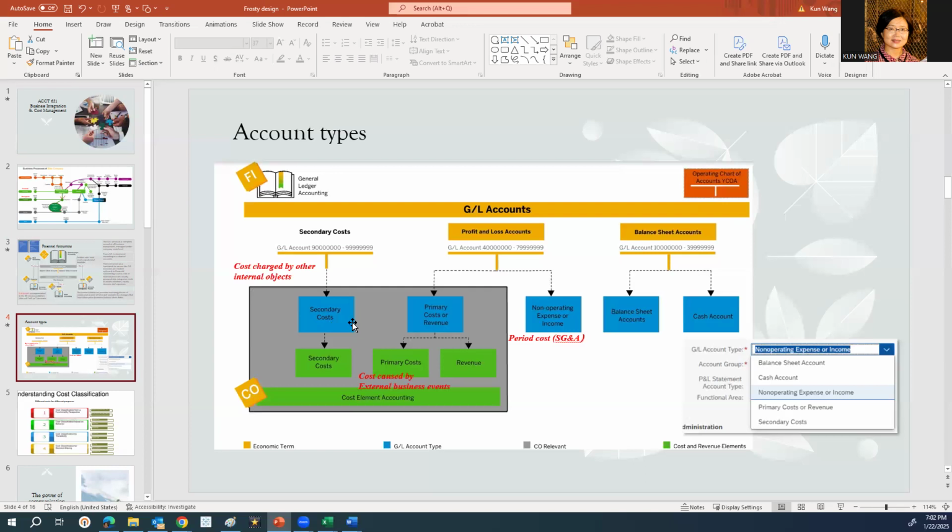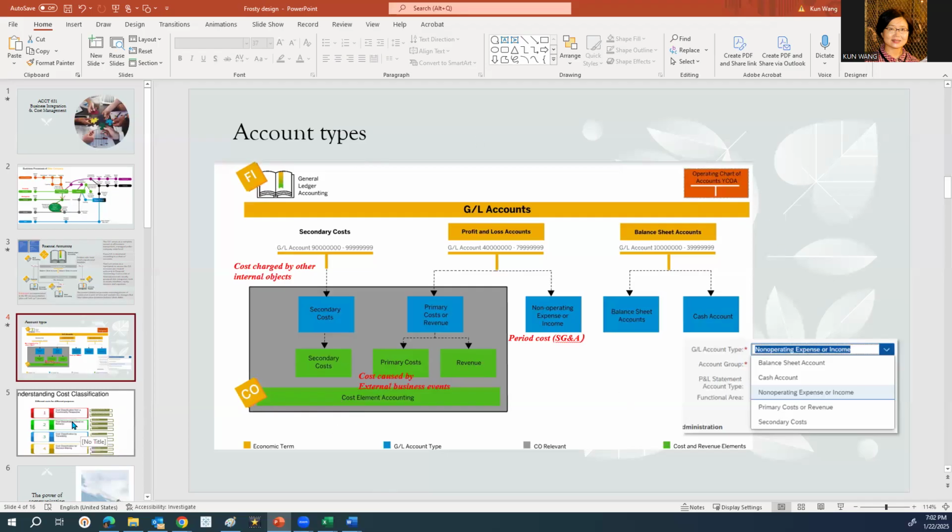So this is the way SAP does it because I use SAP a lot, so I understand SAP better. But if you use Oracle or another type of ERP system for a company or a business, they may have a different approach for the managerial accounting function. Okay, just keep in mind.